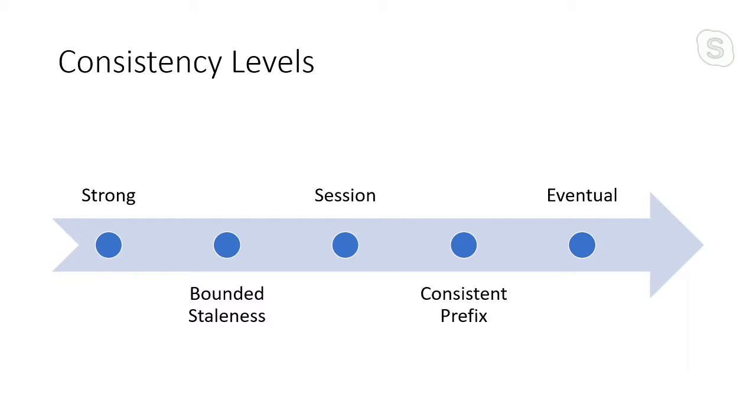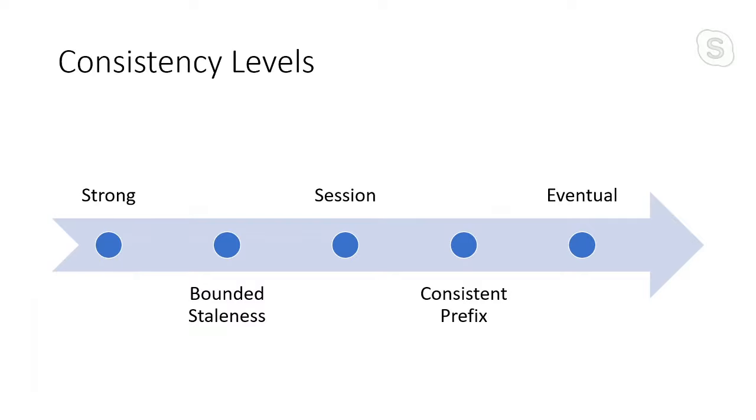It's still a while. That is why we have to talk about consistency. We have 5 different consistency levels in Cosmos. As you can see, the list goes on from here.